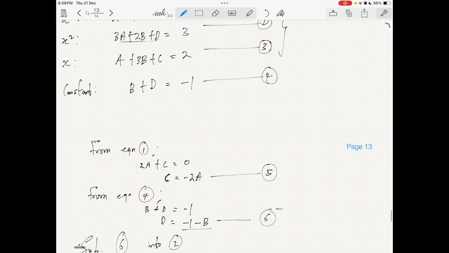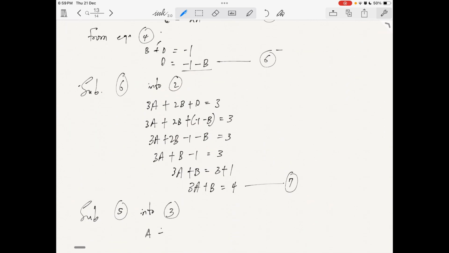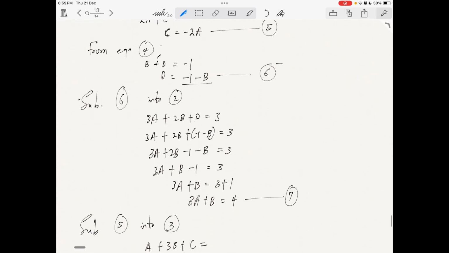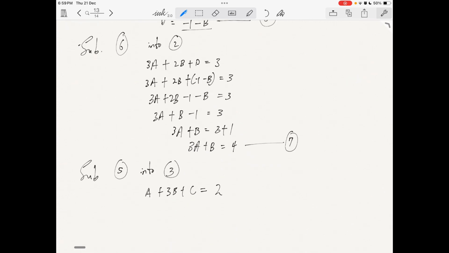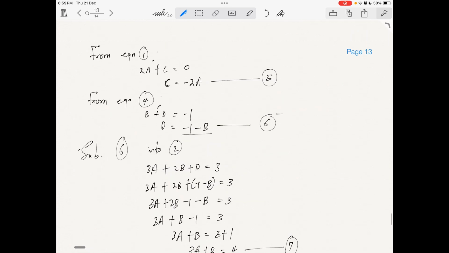Now equation 3 is a plus 3b plus c is equals to 2, and my c from equation 5 is minus 2a.